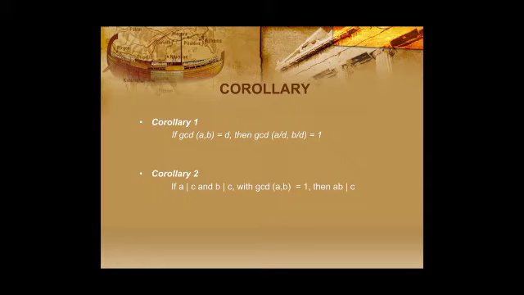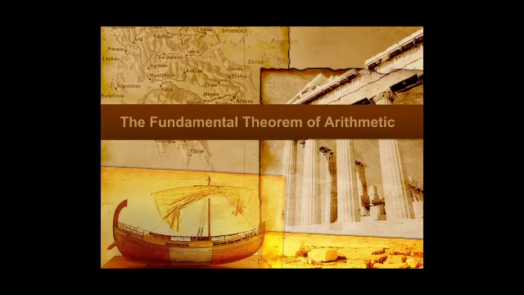Next is the corollary. Corollary 1: if GCD(a,b) equals d, then GCD(a/d, b/d) equals 1. Corollary 2: if a divides c and b divides c with GCD(a,b) equals 1, then ab divides c. Next is the fundamental theorem of arithmetic.